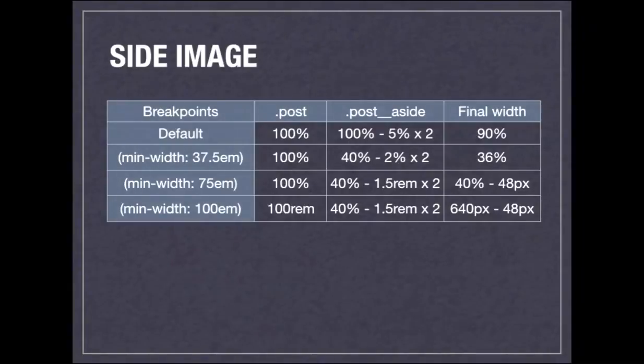If it got a little bit bigger than that, then we switched to the fixed padding on each side, and when we multiply that 1.5 by 16 by 2, then we get 48 pixels.